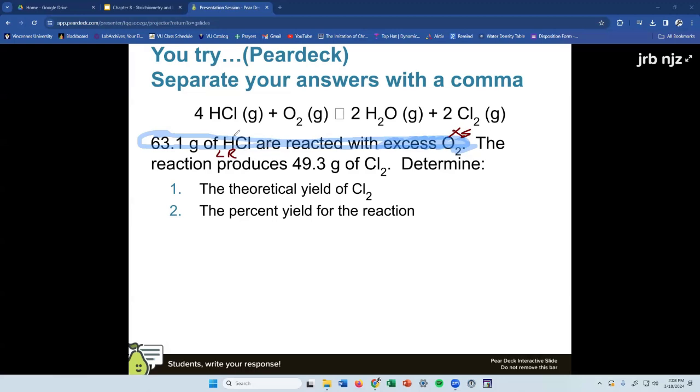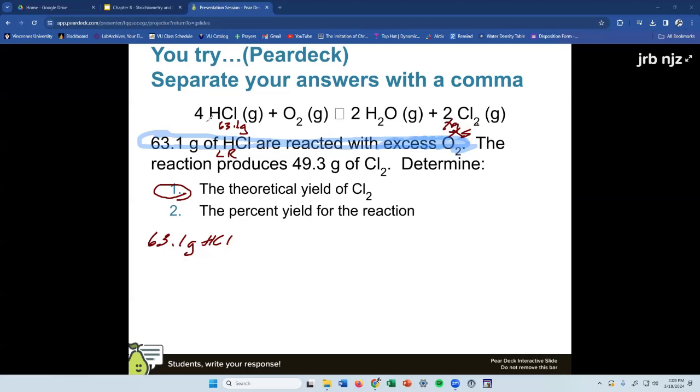And so because of this, and this is really important, for trying to figure out the theoretical yield of the chlorine, we know that we're going to start with the 63.1 grams of HCl because that's the starting value. That's my theoretical limiting reactant here.